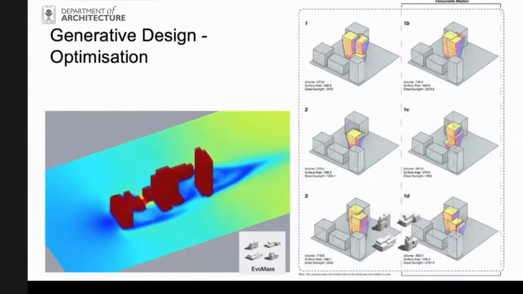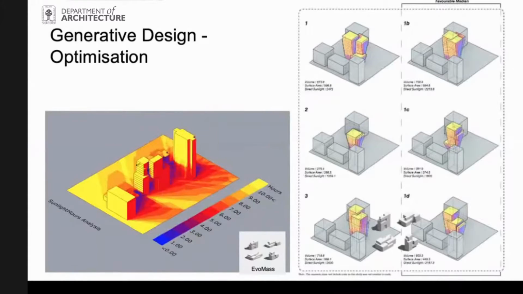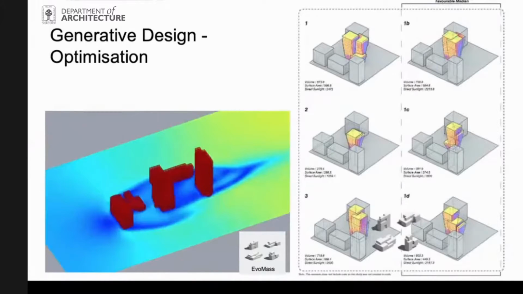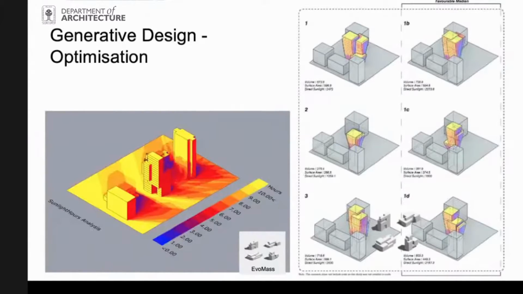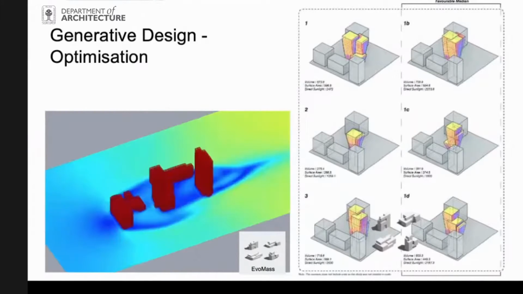For example, it could be minimizing the solar radiation, or maybe reducing the wind pressure. We can do that using this generative design, and the computational process will help us to choose the best design in the end, based on our design intention or our design goals.